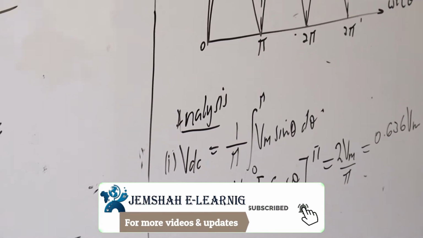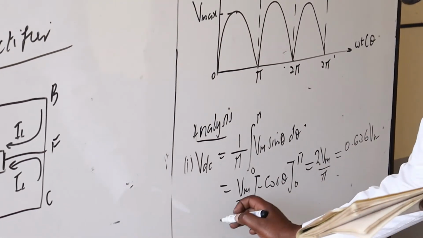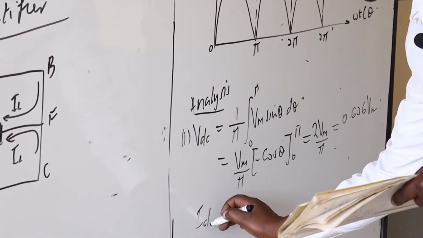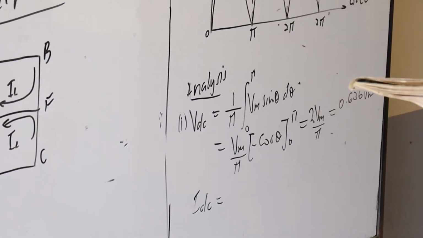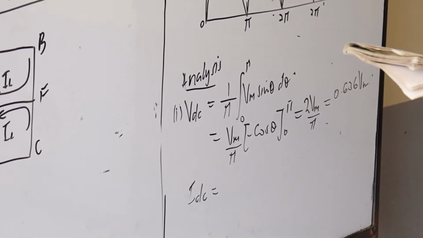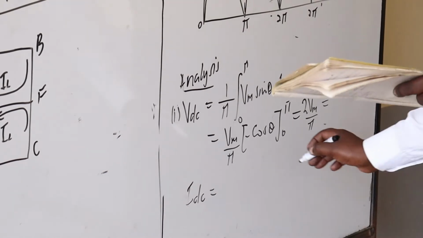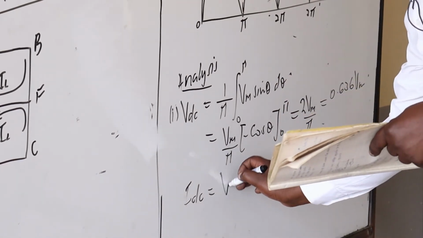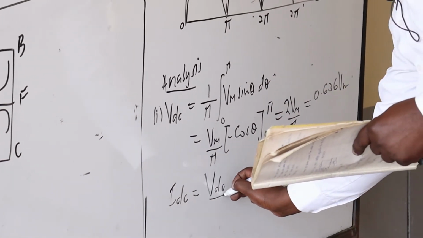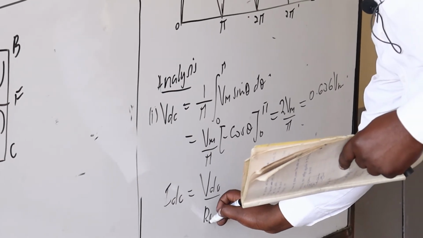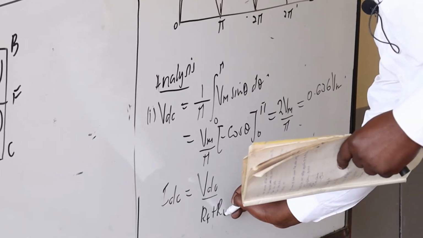So the same way you can get IDC if you want the DC current. IDC will be equals to VDC all over Rf plus RL.